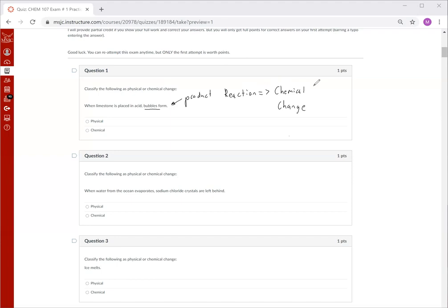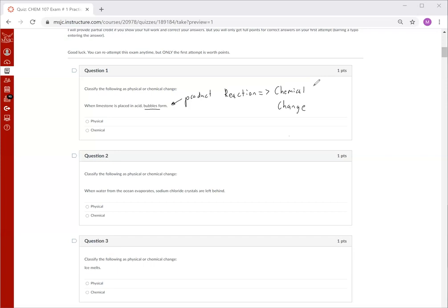Remember, generation of gas, evolution of heat, production of a solid product, and a change in the observable appearance and color of your reaction mixture are all key signposts that you're likely dealing with a chemical change.